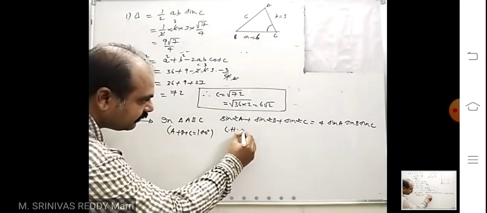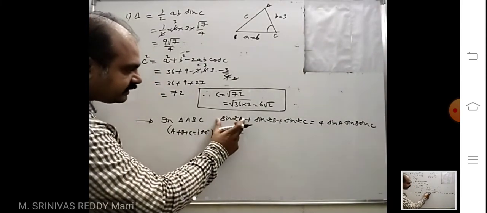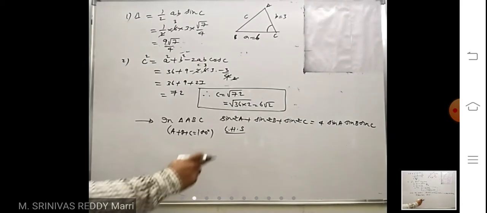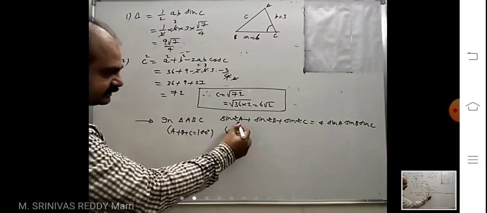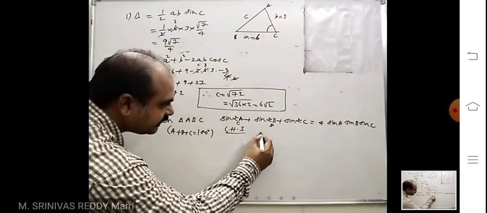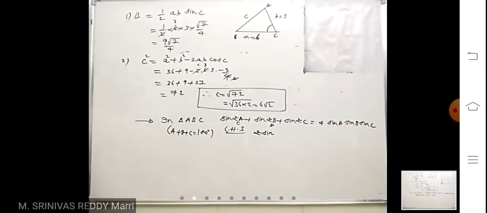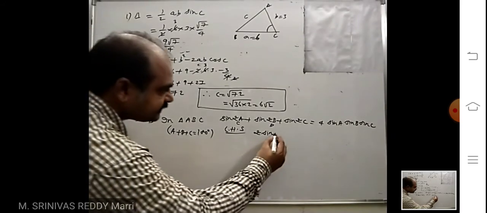Look at, I am taking LHS. For these two sines, I am applying transformation: sine C plus sine D. What is that? 2 sine of C plus D by 2.